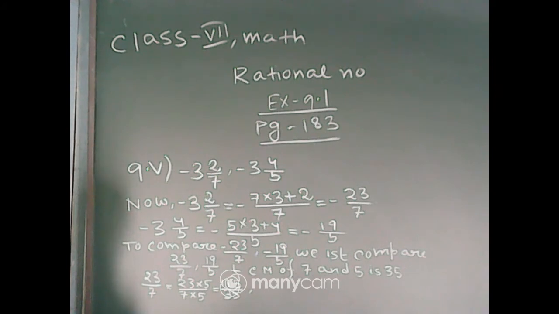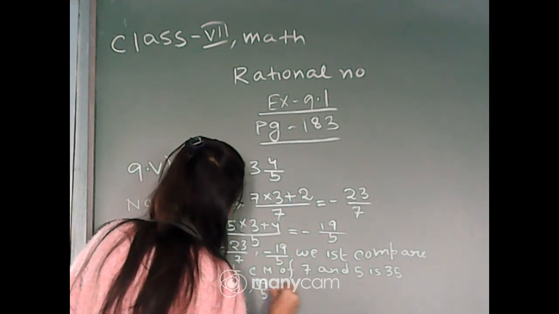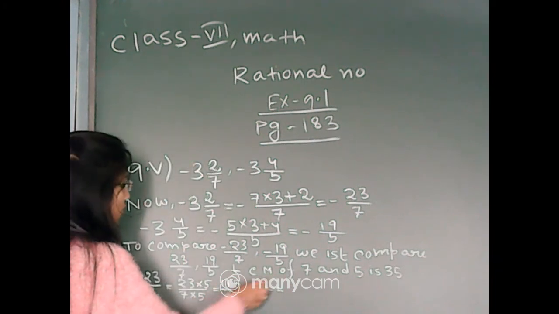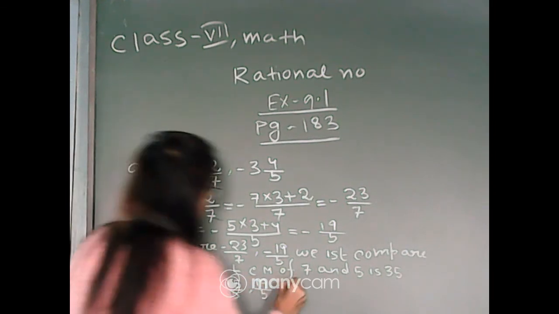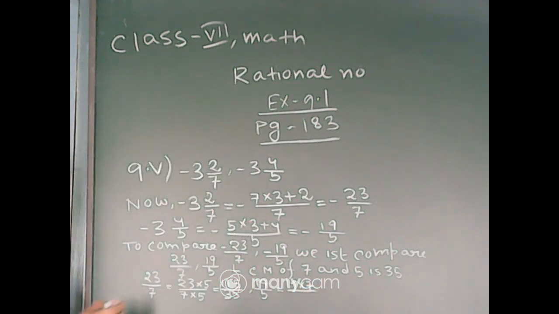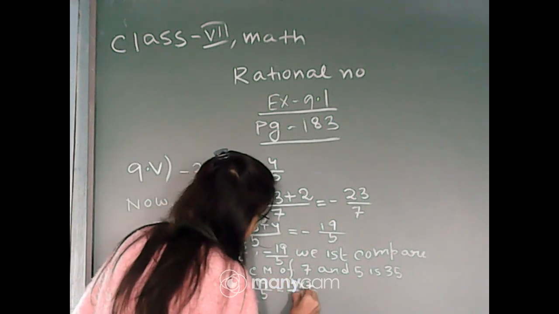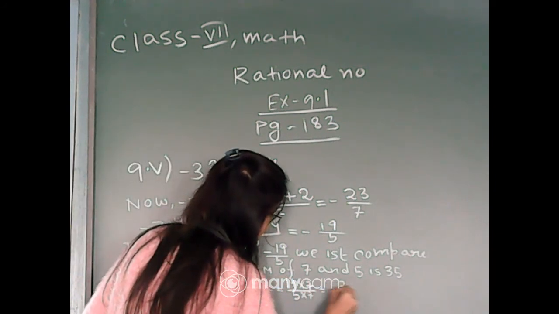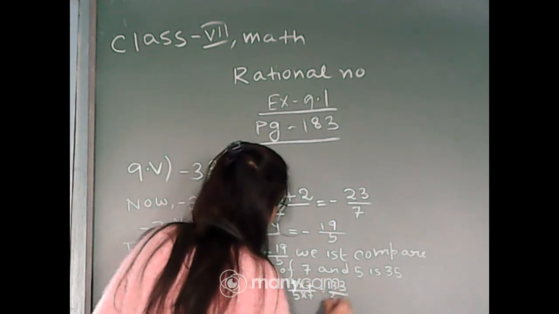And to make the denominator 35, we multiply both the numerator and the denominator of this fraction by 7, and we get this is equal to 133 divided by 35.